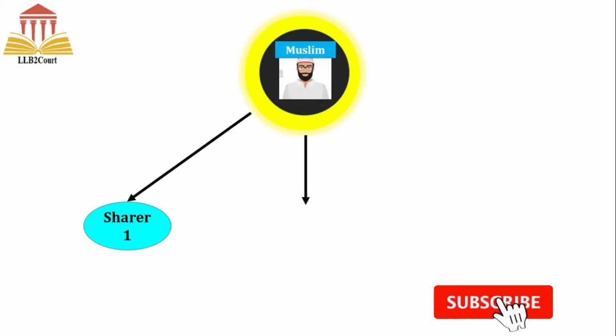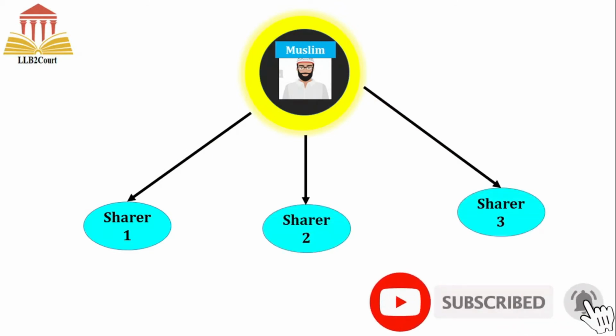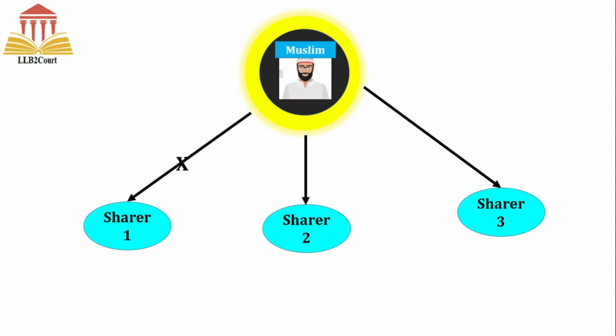So when a Muslim dies, let's assume there are three sharers, sharer 1, sharer 2 and sharer 3. Let's assume X is the fractional share for sharer 1, Y for sharer 2 and Z for sharer 3.